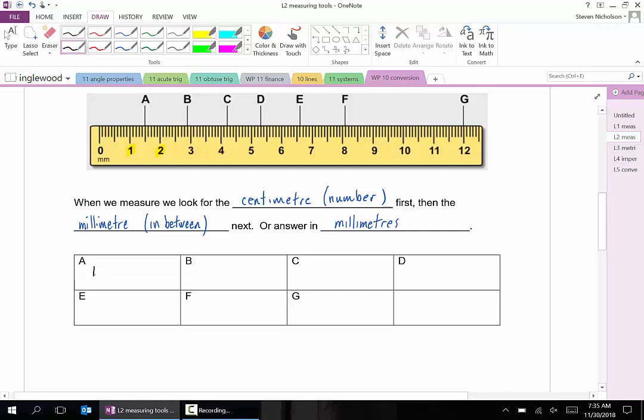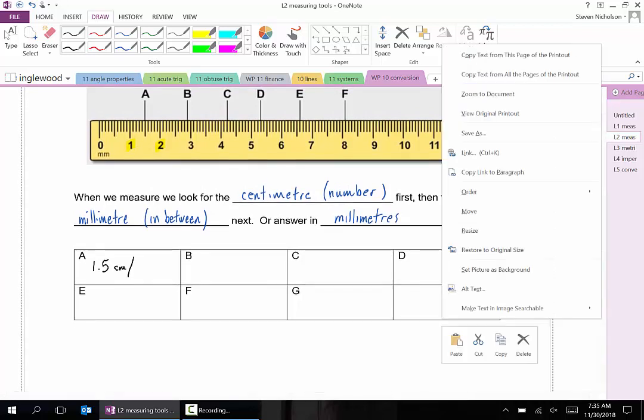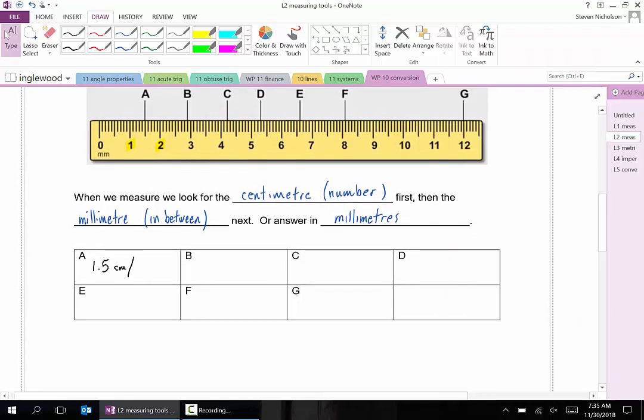Now in order to figure out the point something, we simply count the number of little hash marks from 1 till that measure. The number of little hash marks is 5. And remember, every little hash mark represents 1 millimeter. So in this method of measurement, we have simply used the centimeter part first, the number part, and we've got 1.5 centimeters.